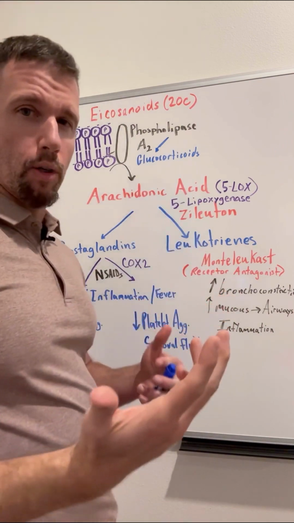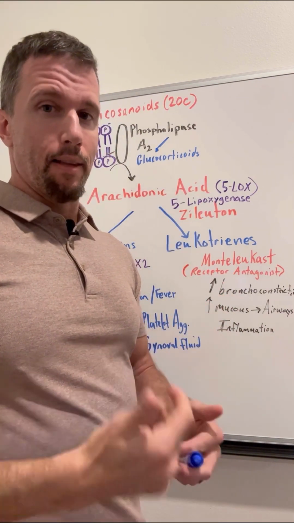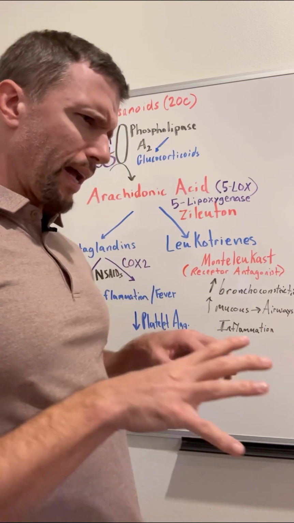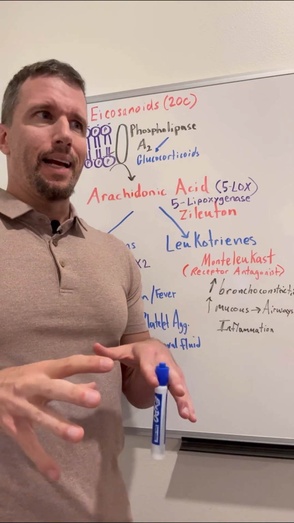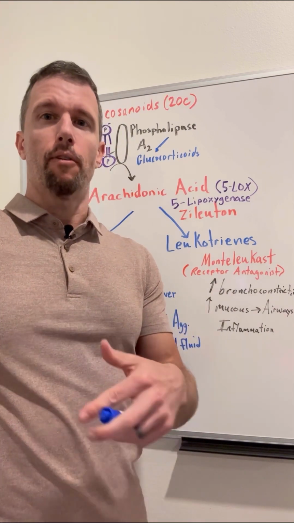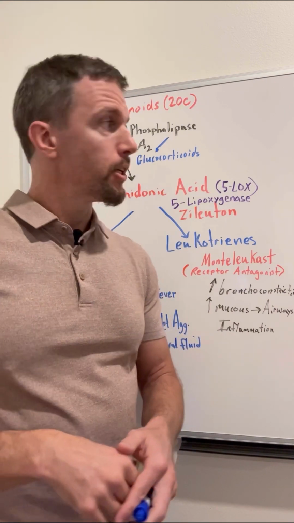They're called glucocorticoids because they also increase your blood glucose levels, and that could be a side effect of these drugs. Also, they work as transcription factors and decrease production of different cytokines and other inflammatory mediators.